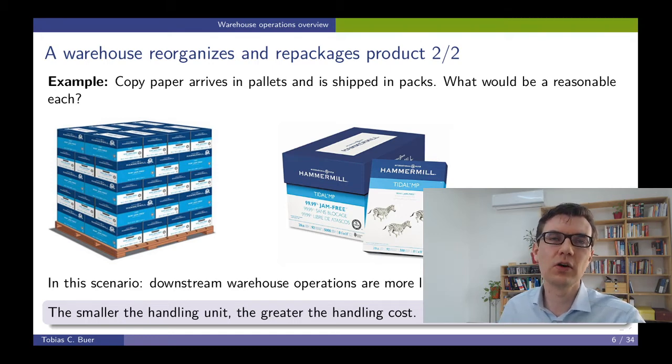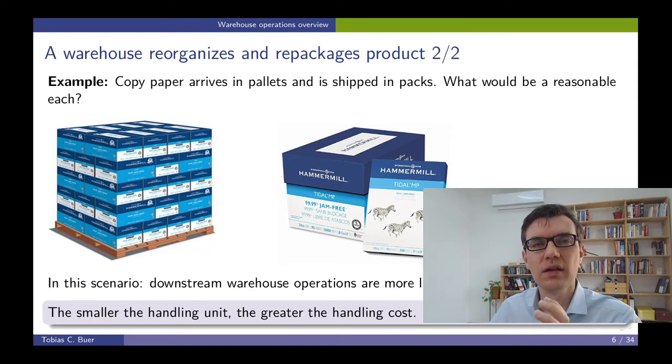So if Geotech orders a pallet of copy papers, a truck comes and just puts down the pallet in front of Geotech's entry. But then more of the work is happening. Somebody needs to break down these cases and distribute them through all the departments, which is more labor intensive than just putting down the whole pallet. And this is a typical process for many warehouses.